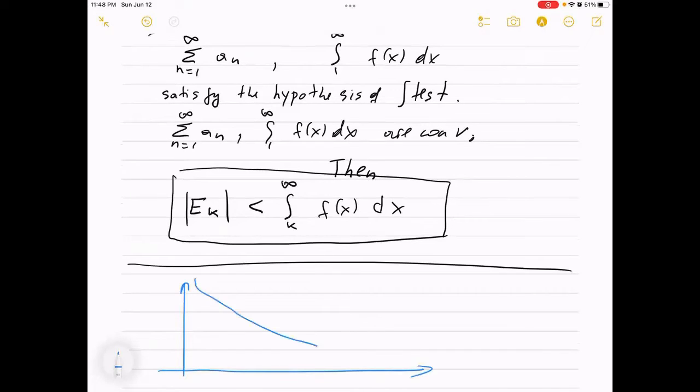So we have our function y equals f of x. So we have our series. So we have our function, we have our series. And then we're going to draw our rectangles, something like that.